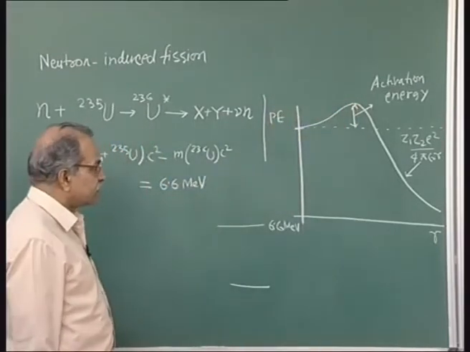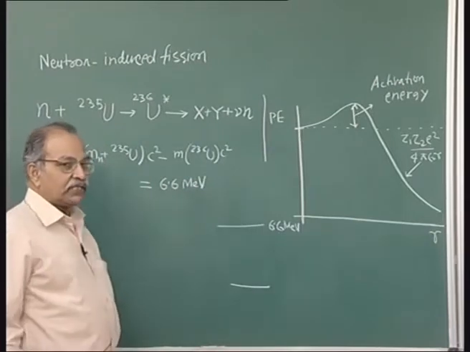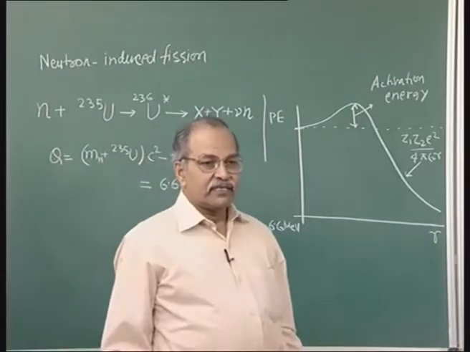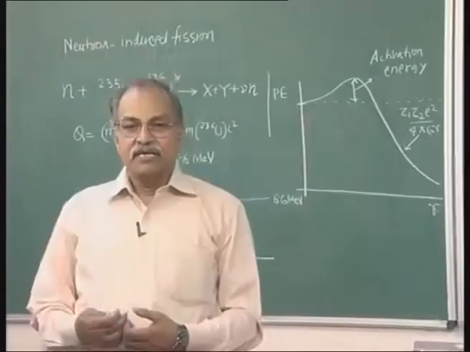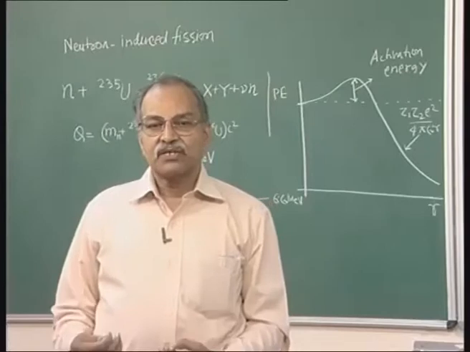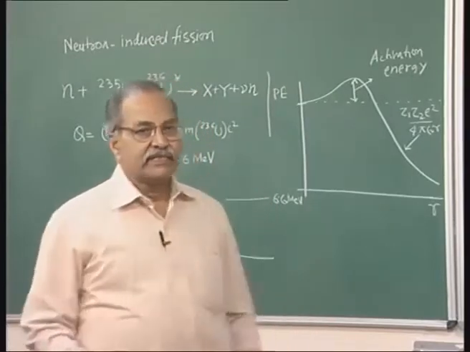Now, this activation energy can be calculated using the liquid drop model, and that is what Bohr and Wheeler had done, and for different A values, different mass numbers, this activation energy is different.